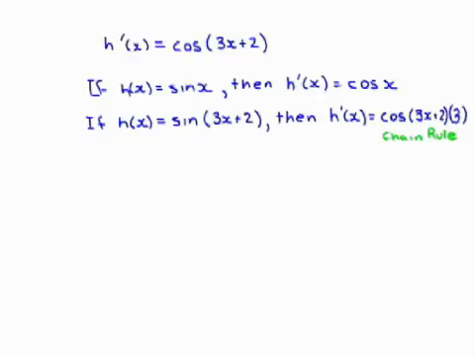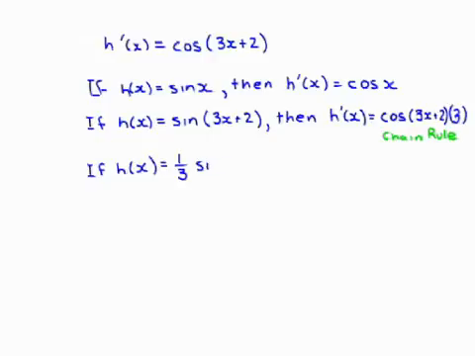Well, when you take a look at that derivative, h prime of x, and compare it to the one we started with, you'll notice that that derivative is 3 times too large. So how can I compensate? Well, I'll change h of x such that h of x is now equal to 1/3 times the sine of 3x plus 2.